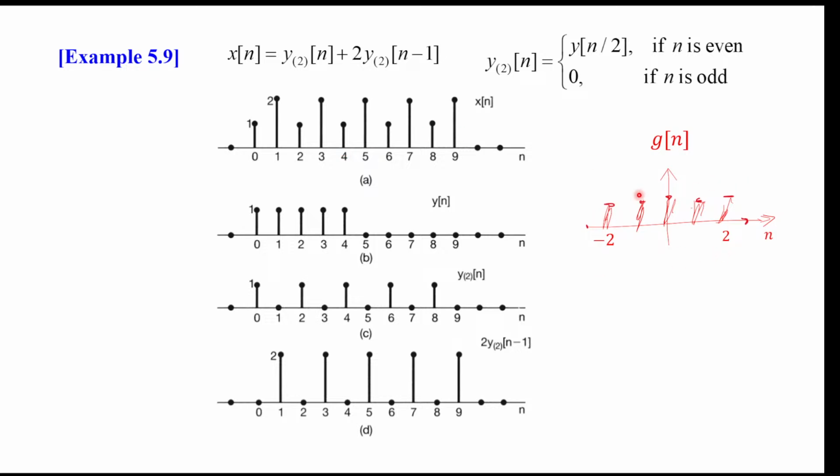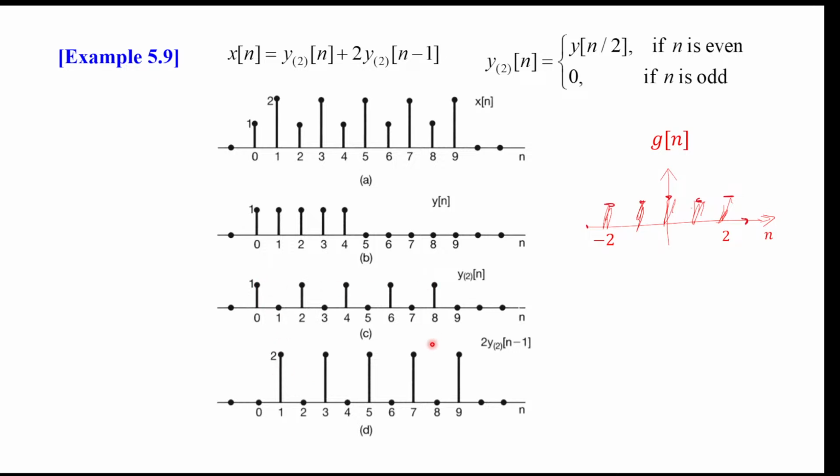We get this by first writing the 1, 2, 1, 2, 1, 2 signal as a linear combination of a two-stretched-out signal. We say we have y1 of n, which will be a time shift of this block signal, which we call g of n. So we start with y1 of n, which is 1, 1, 1, 1, 1 between 0 and 4. If you stretch it out, it becomes 1, 1, 1, 1, 1, 1 between 0 and 8.